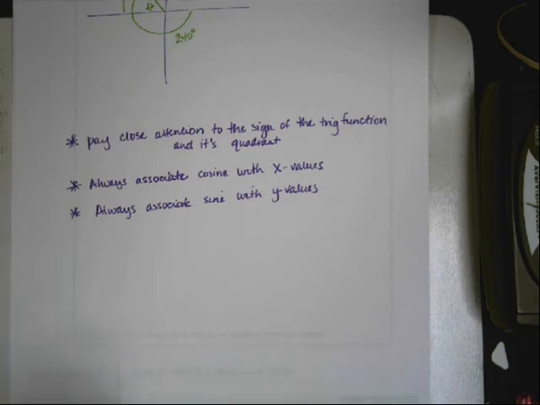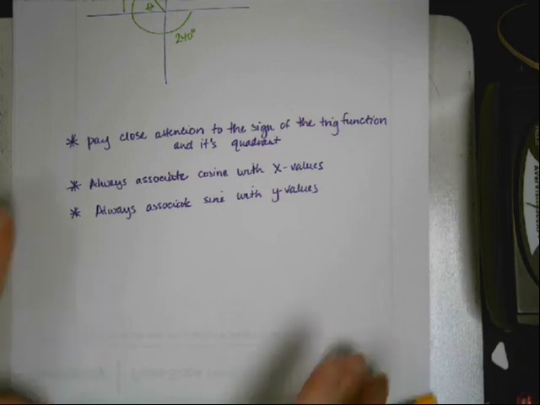We always say sine first. But it makes sense if you think about it. X and Y are in alphabetical order, and cosine and sine would be in alphabetical order. So cosine goes with X, and sine goes with Y. That's a mistake that happens a lot. So try to get that in your brain already, because I promise it will come in handy a whole lot later.